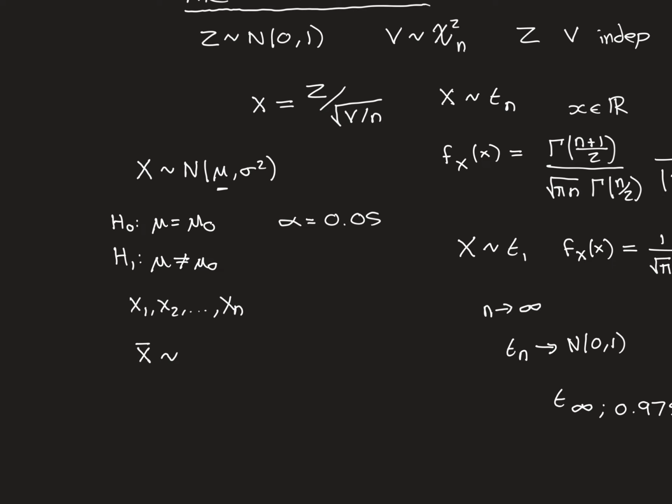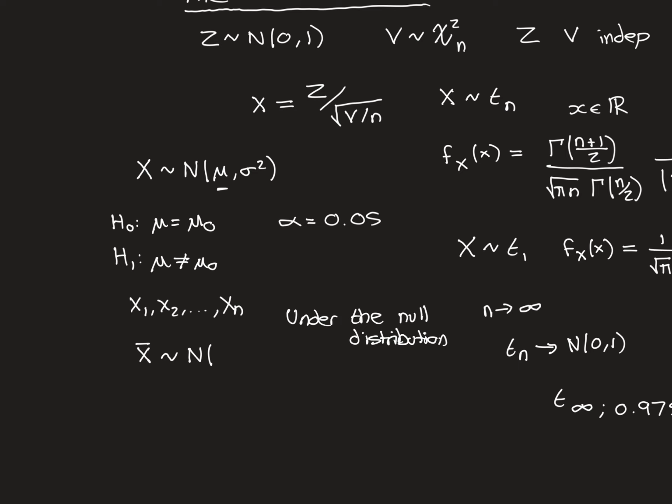So we know that when we sum n normals together, we end up with another normal. So we're going to end up with it normally distributed, and then let's just think about what the mean is going to be. Remember, we're assuming the null hypothesis, so this is under the null distribution.